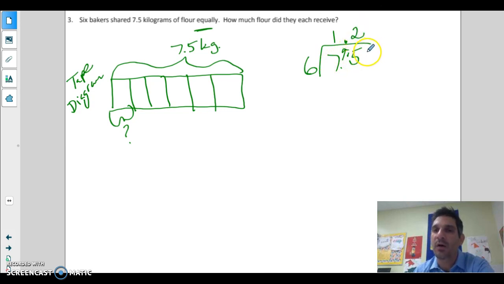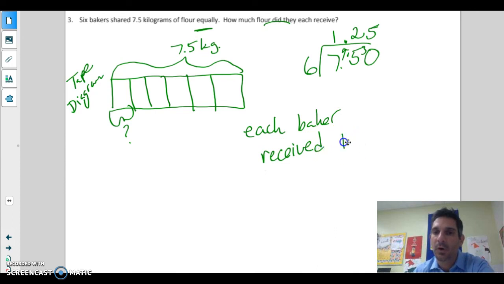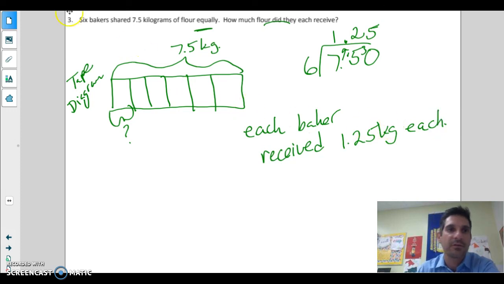That's 12. So I'm going to add a 0 because I don't want a remainder. That's 3 left over. 6 goes into 30 5 times. So how much did each baker receive? Each baker received 1.25 kilograms each.